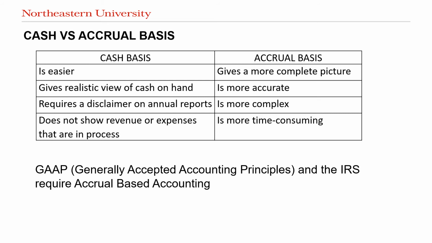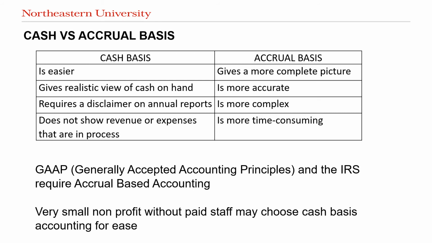Most of your funding sources will require accrual-based accounting, so there isn't a whole lot more to discuss. Some very small nonprofits, especially without paid staff, may certainly choose cash basis accounting for the ease of the accounting, and that is perfectly acceptable.